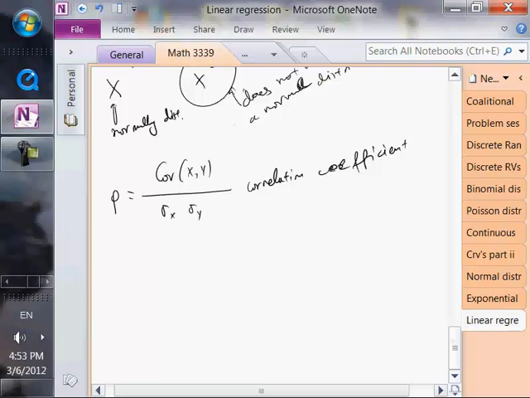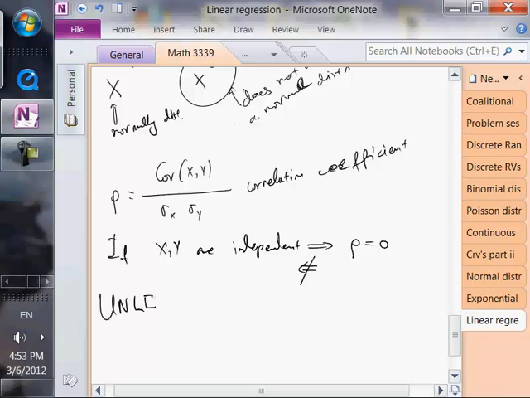Anyway, what is the significance of the correlation coefficient? If x and y are independent, of course the correlation coefficient is going to be 0. The opposite is not true, unless x and y are both normally distributed.